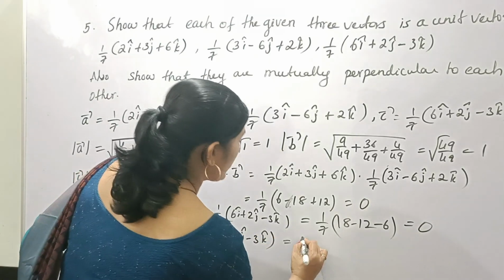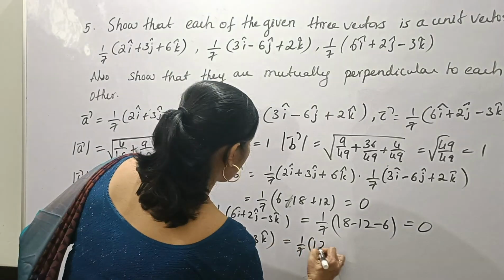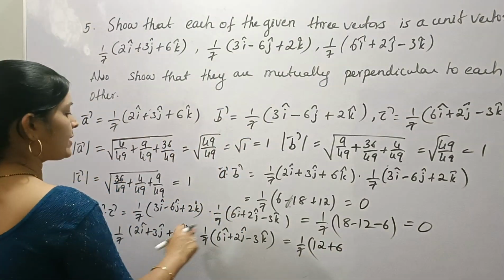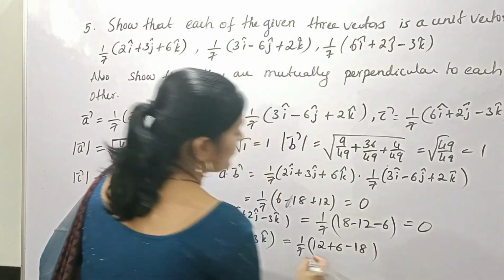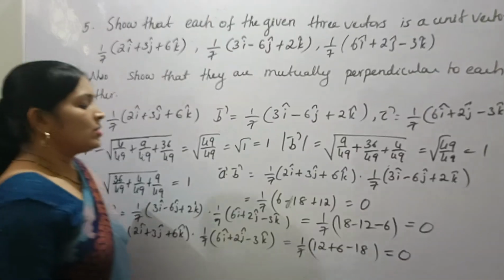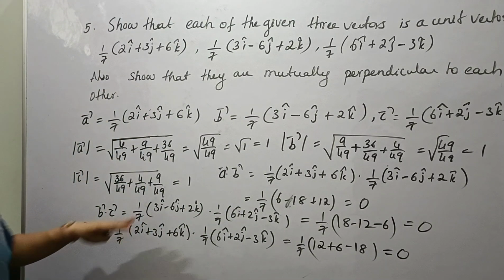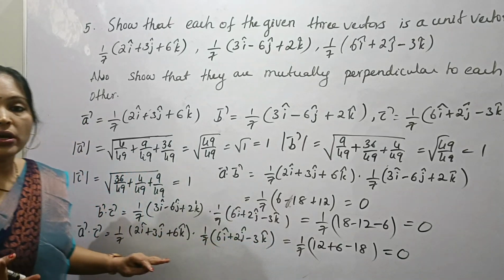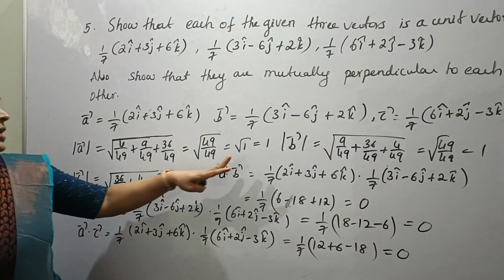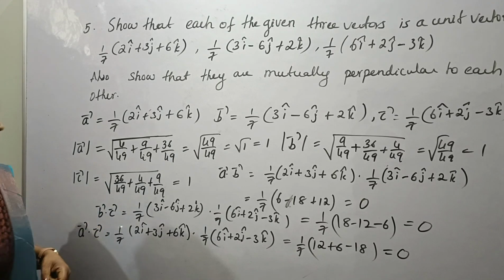That is equal to 1/7 is common. 2 into 6, 12. 3 into 2, plus 6. 6 into minus 3, minus 18. 12 plus 6, 18. 18 minus 18, 0. So here also we have got vector A dot vector C is equal to 0. Therefore, vector A and vector C are perpendicular. Okay. So these three vectors are mutually perpendicular to each other.